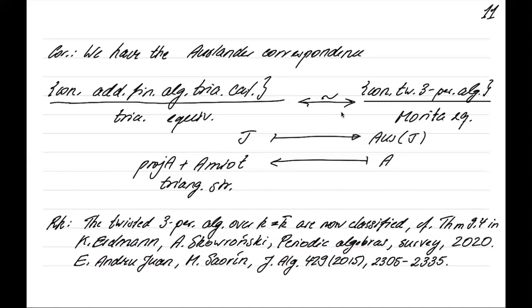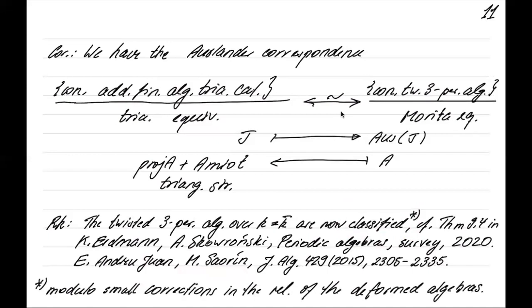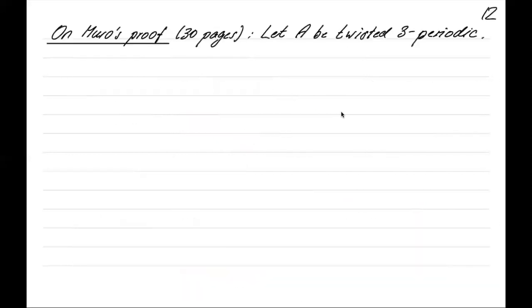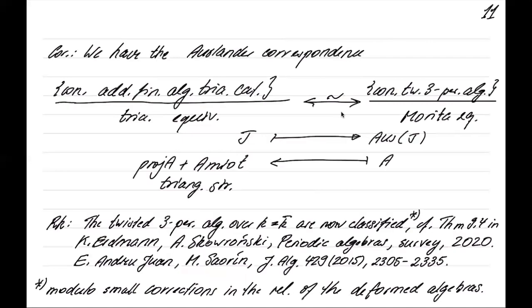She also advised me to point out this paper by Estefanía Andreu Juan and Manolo Saorín, where they prove twisted three-periodicity for a certain important class of algebras. Now, this classification is still not entirely stable. Karin told me it was modulo small corrections in the relations of the deformed algebras.